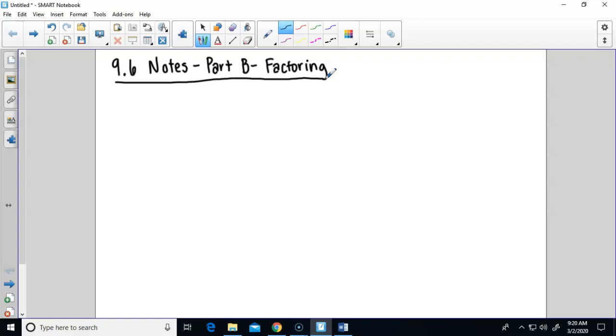Okay. All right. So, this is going to be our first example, and also we're going to write down the instructions as we do this one. So, factor completely.